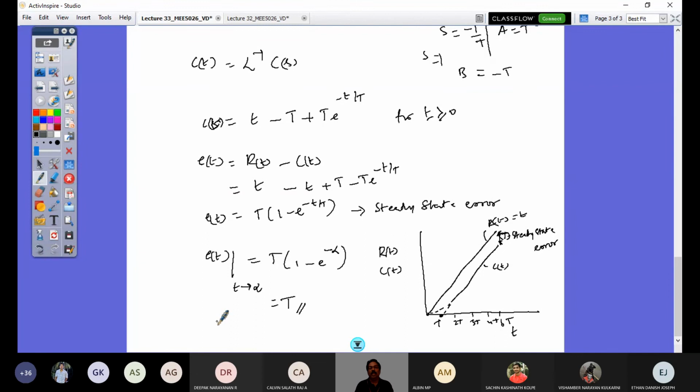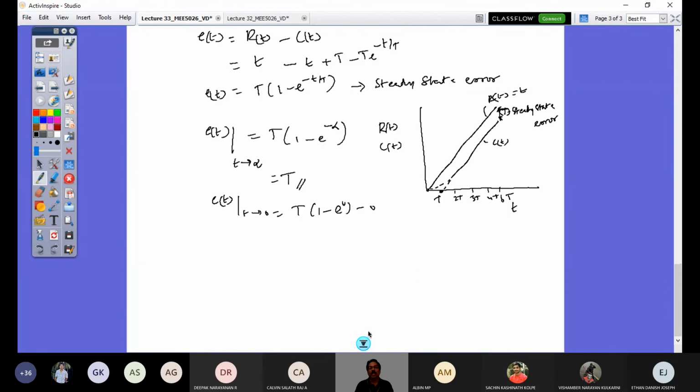But error is reaching some steady value at t tends to infinity. That is why it is starting from here. So here the value of input and output is the same, right? So error is 0 at the beginning, but at t tends to infinity your steady state response is not exactly matching with this.